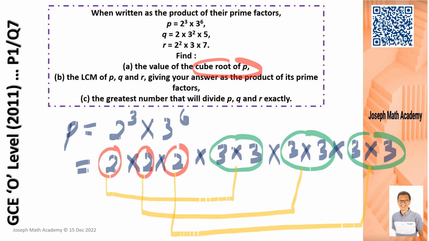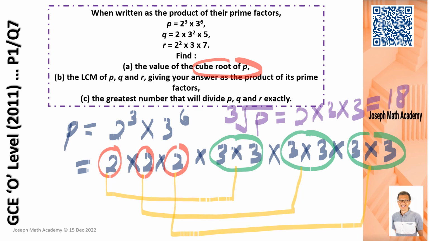So the cube root of P will be this. We are supposed to give the answer 18.